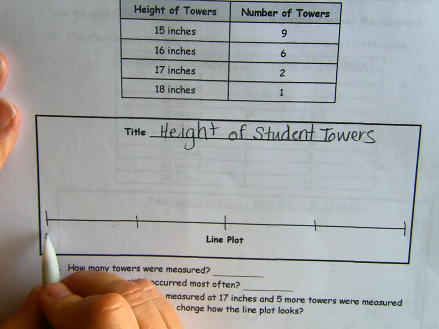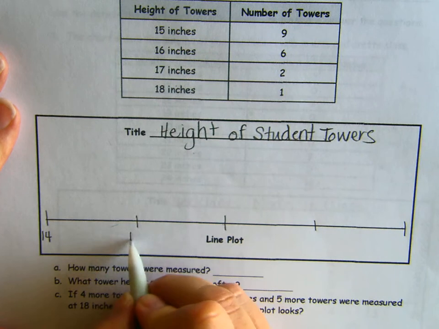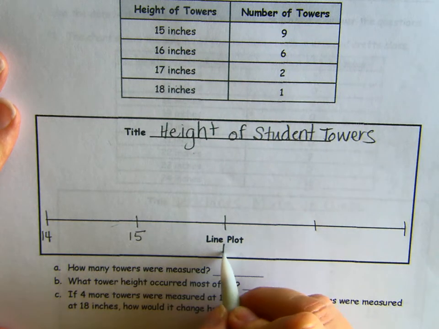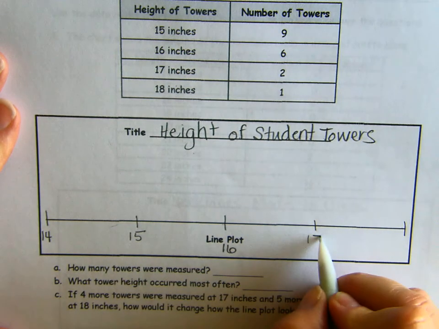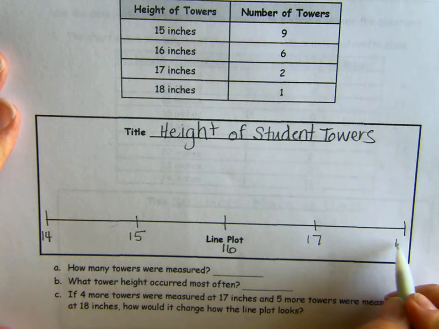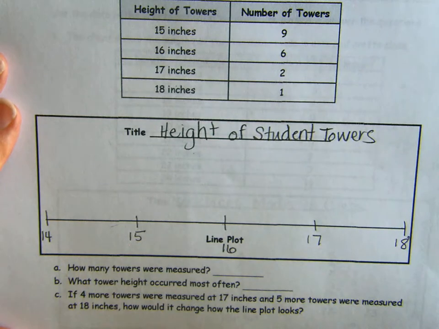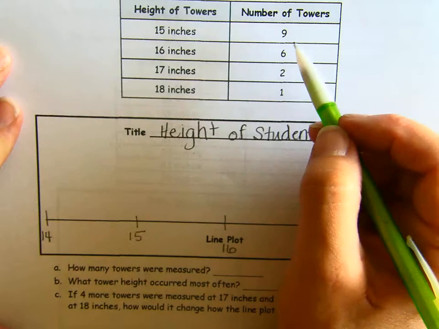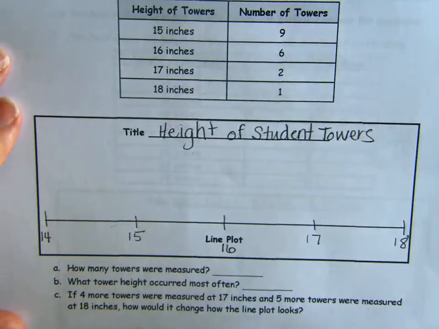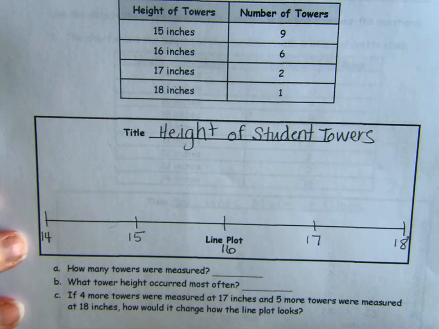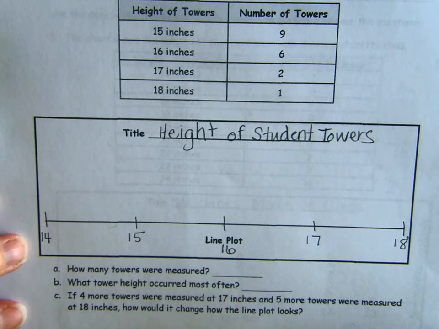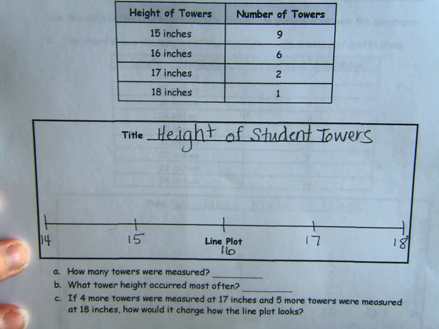So I'm going to go ahead and start. Maybe we can start with 14, 15, 16, 17, and 18. I only need to get 9 altogether of my X's, so I'm not going to get too worried about how small they are this time.